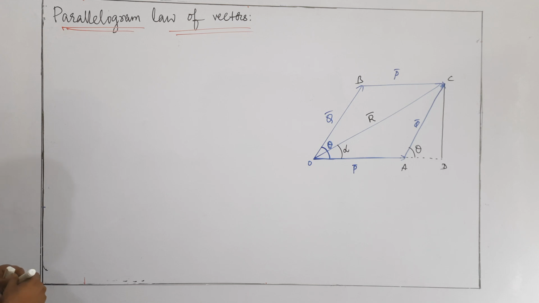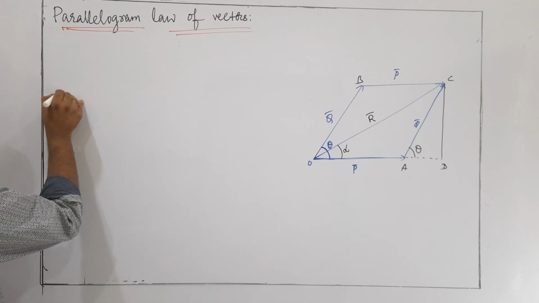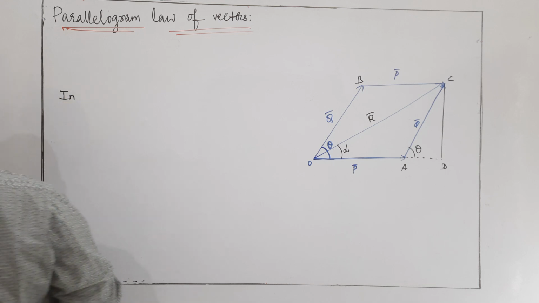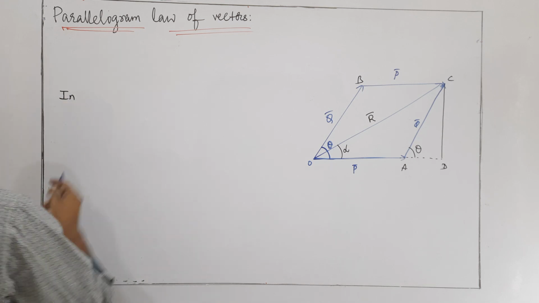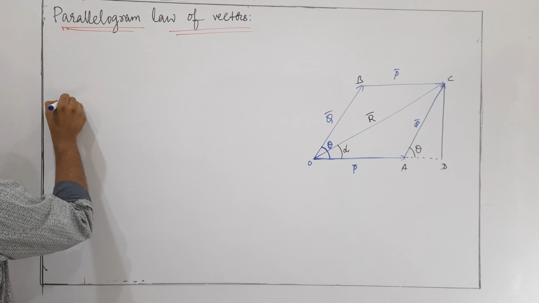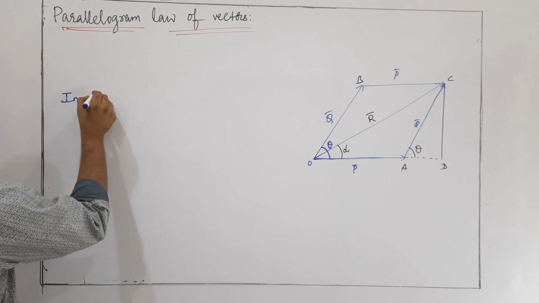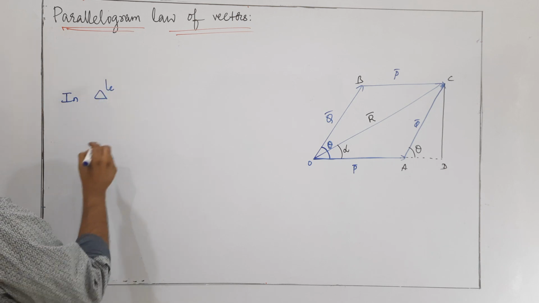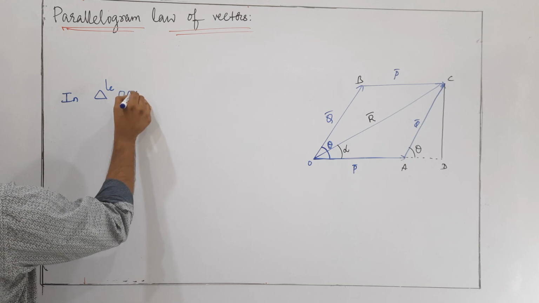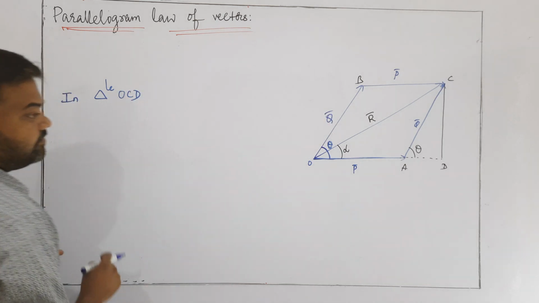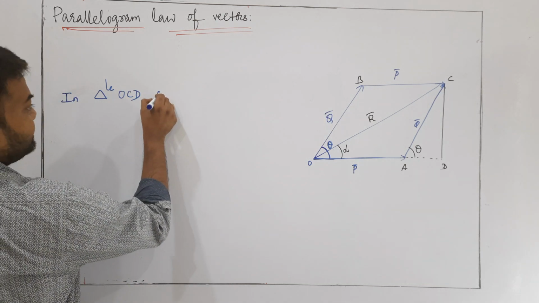Okay, we do one thing. First, in triangle OCD, how can I write?